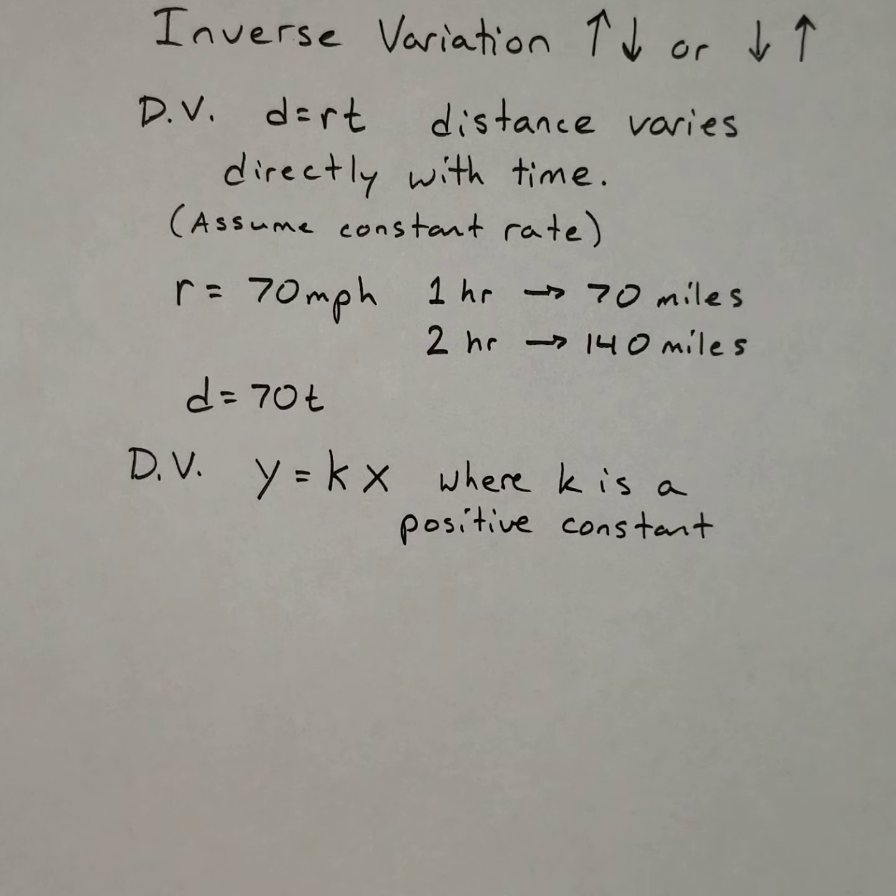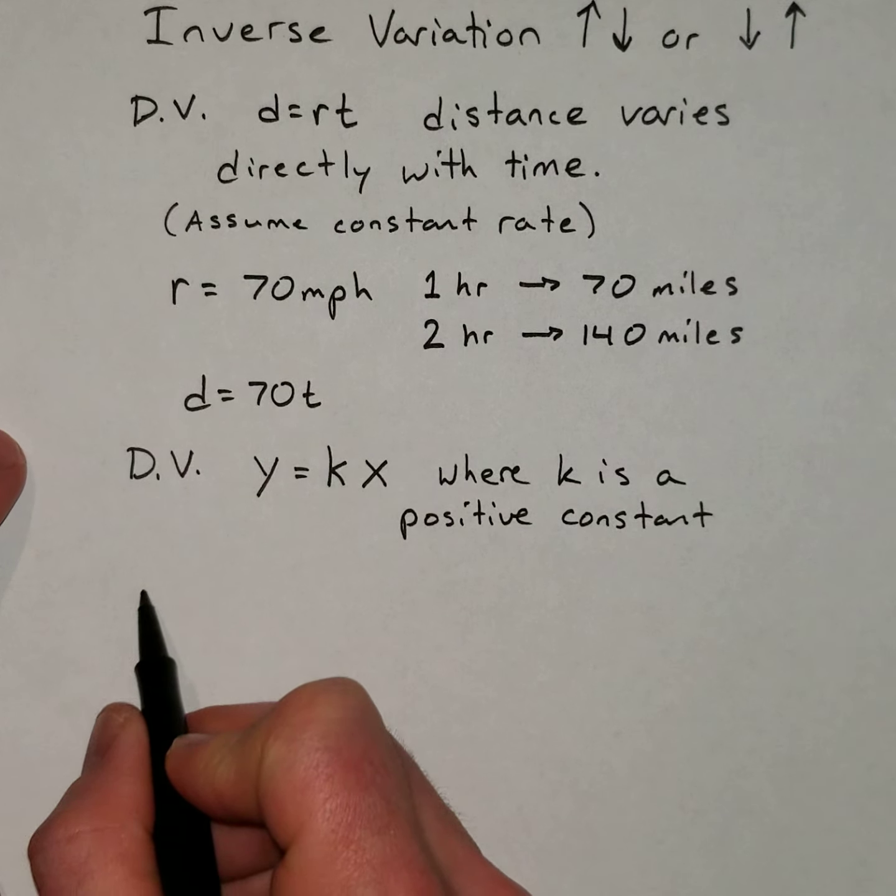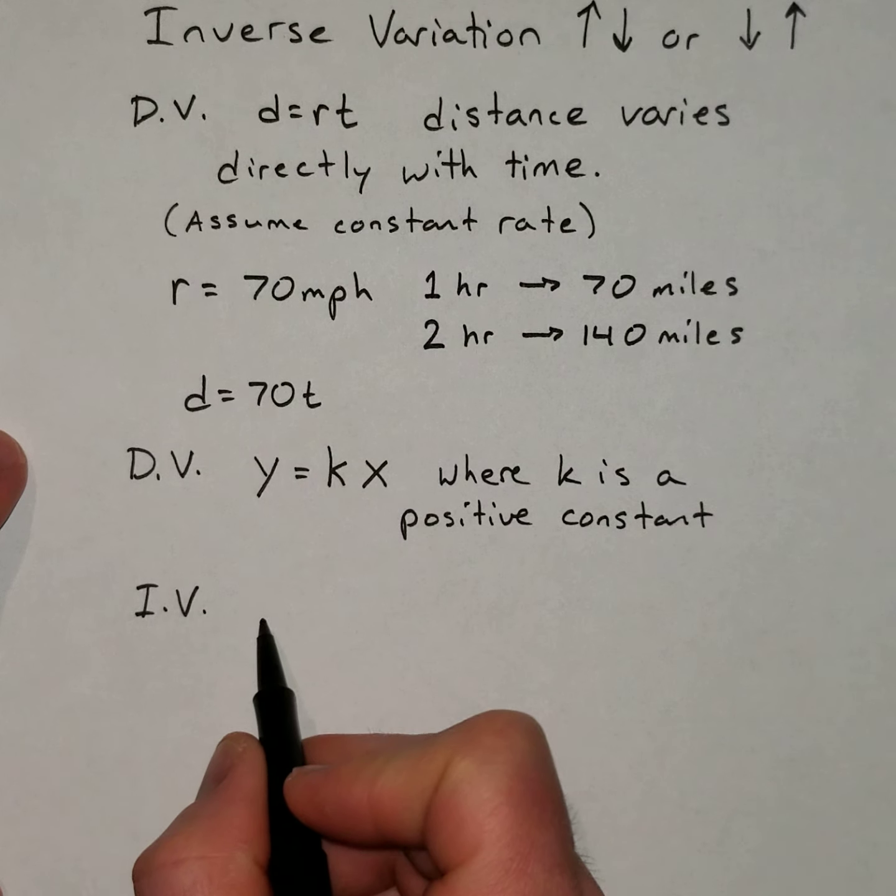Okay, another example, one where you have inverse variation, might be something like the force of gravity versus the distance from an object. Okay, so inverse variation.